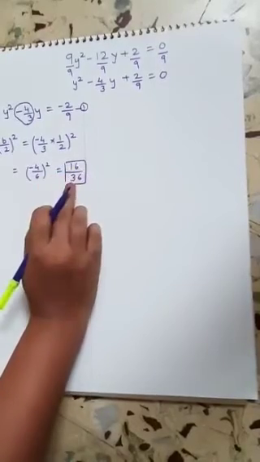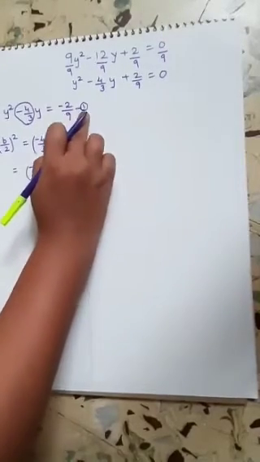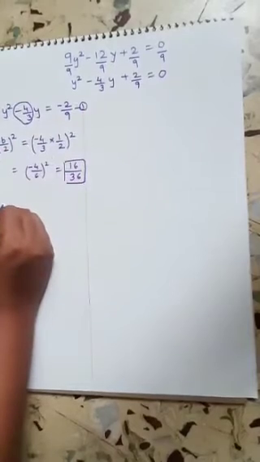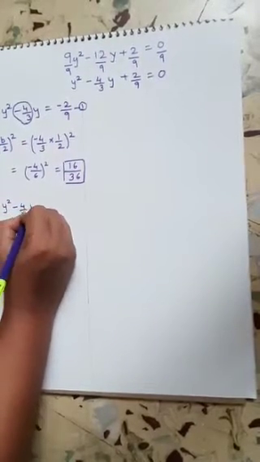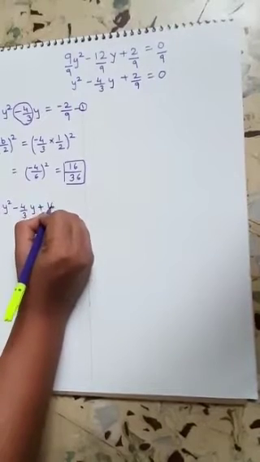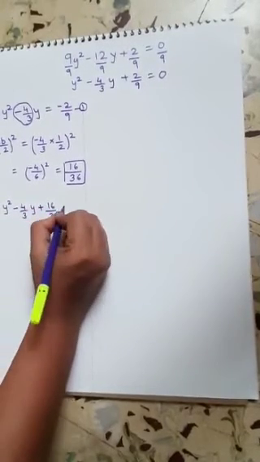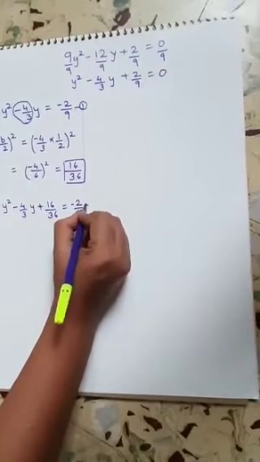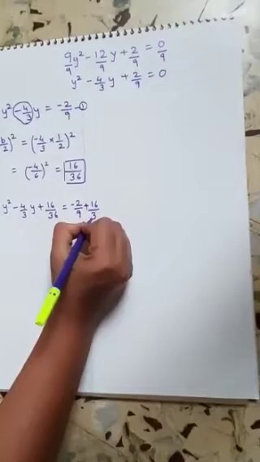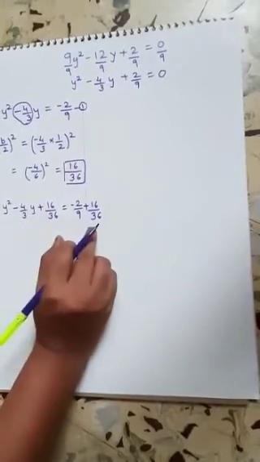Okay, add the 16 upon 36 to this equation. So y square minus 4 upon 3 y plus 16 upon 36 is equal to minus 2 upon 9 plus 16 upon 36. Add it to both the sides.